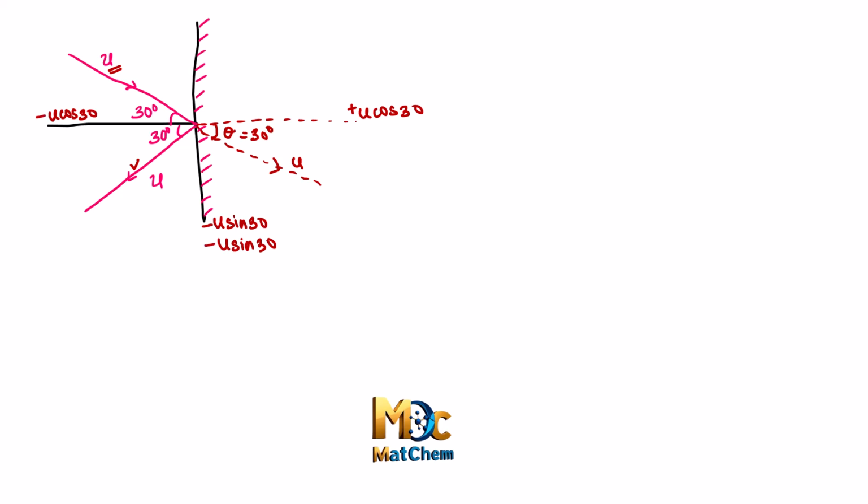Now we are going to calculate the initial momentum P, which can be resolved along two components, Px as well as Py. The initial component of momentum Px is equal to mu cos 30, because this is the component of velocity along the x-axis.